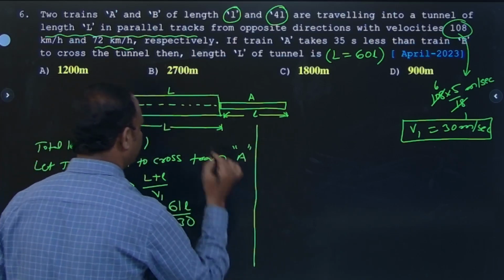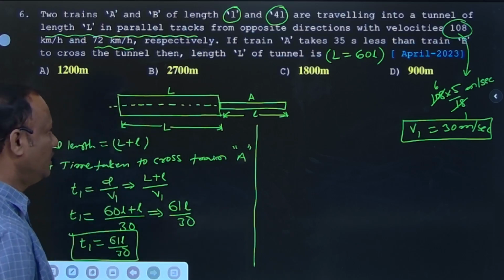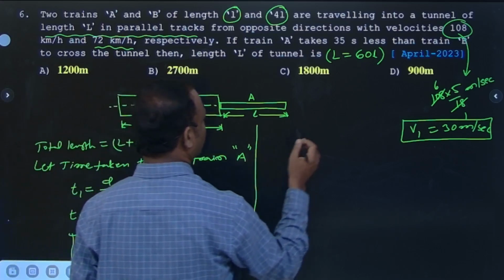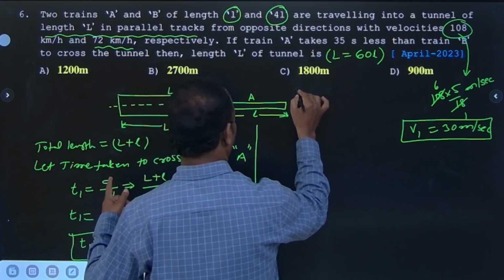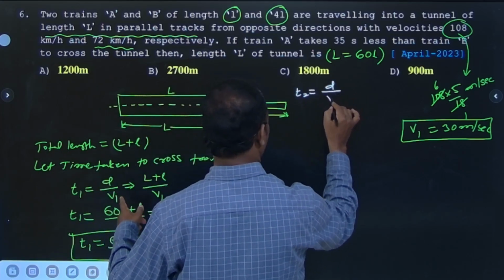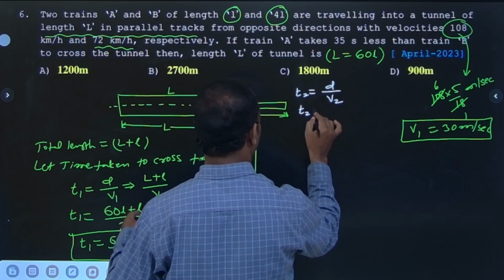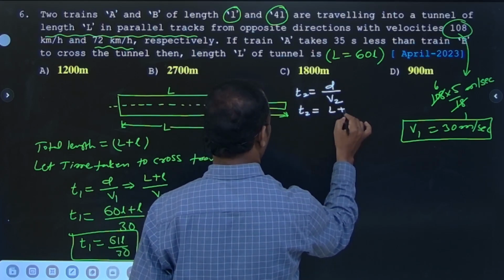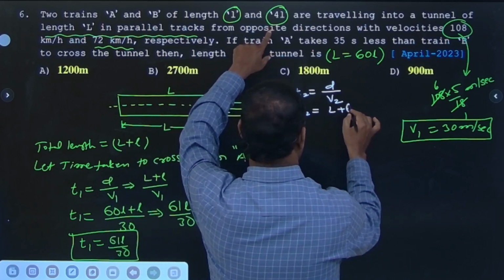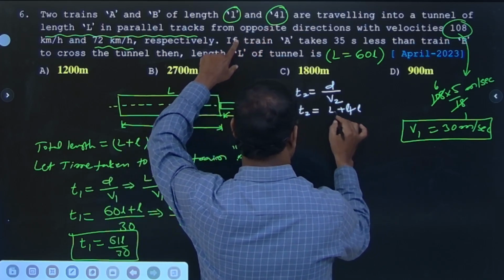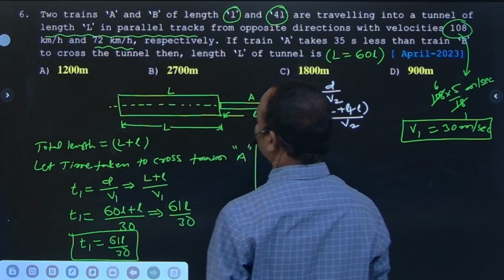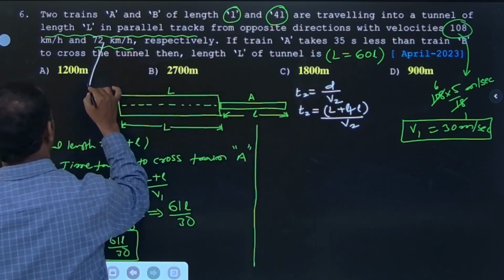For the second train B, similarly, T2 equals D by V2, where D is L plus 4l, so (L plus 4l) by V2.